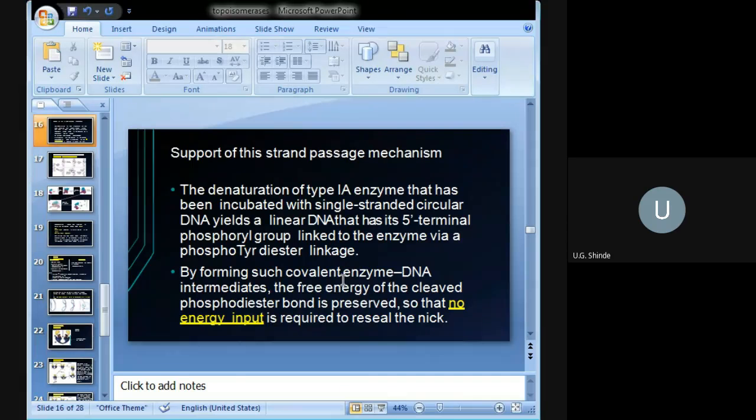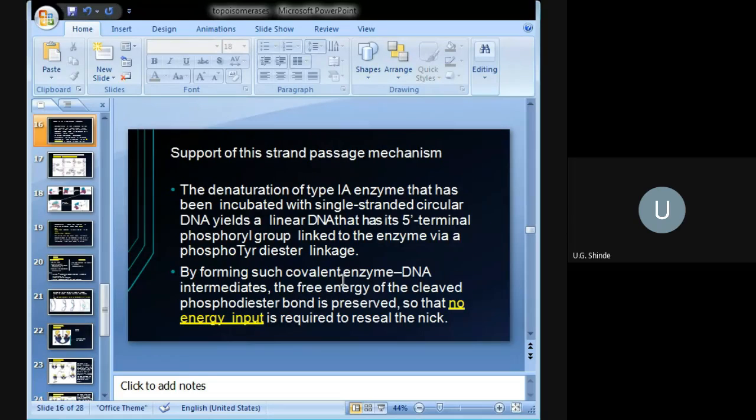It's a linear DNA which has its 5 prime phosphoryl group linked to the enzyme via a phosphotyrosine diester linkage. This is formed due to a covalent enzyme-DNA intermediate where the free energy of the cleaved phosphodiester bond is preserved.